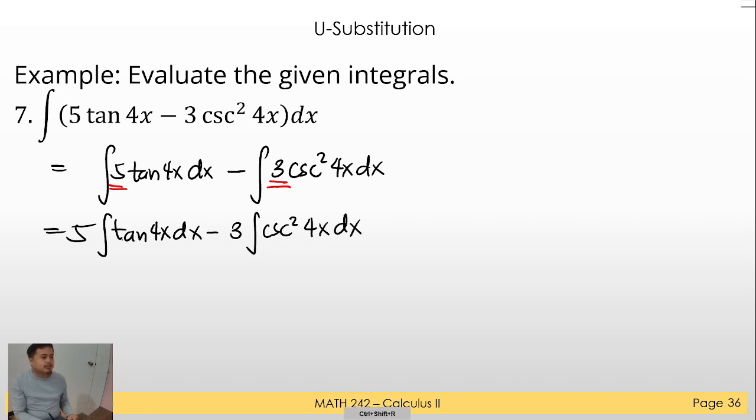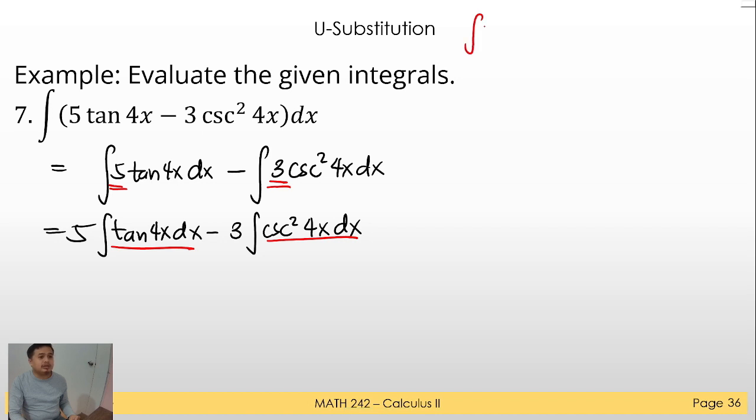Okay, so now how do we integrate this? How do we integrate this tangent 4x and this cosecant squared 4x? Actually, I have not shown you yet the integral of tangent u, but I have shown you the integral of cosecant squared u.